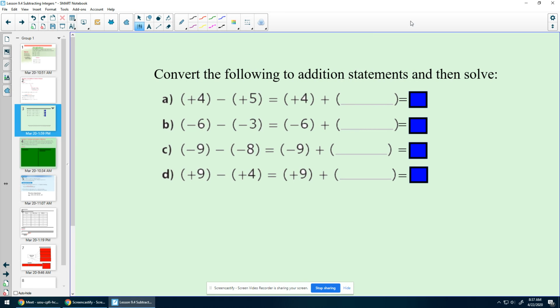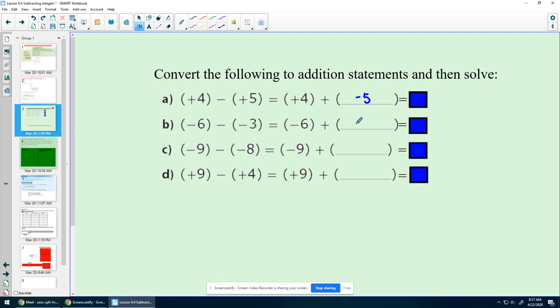Okay, so here we have +4 minus +5. So we're going to add the opposite. The opposite of +5 is -5. Here we have -6 minus -3.